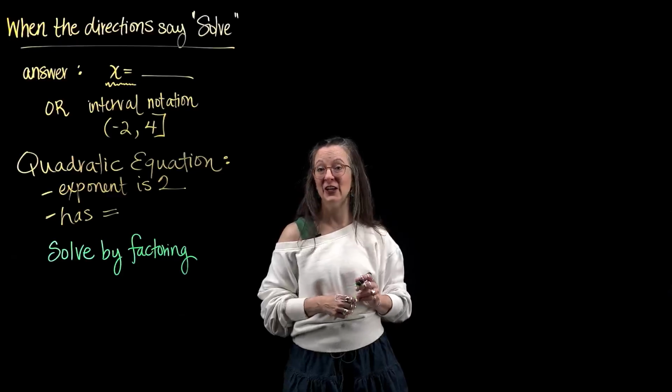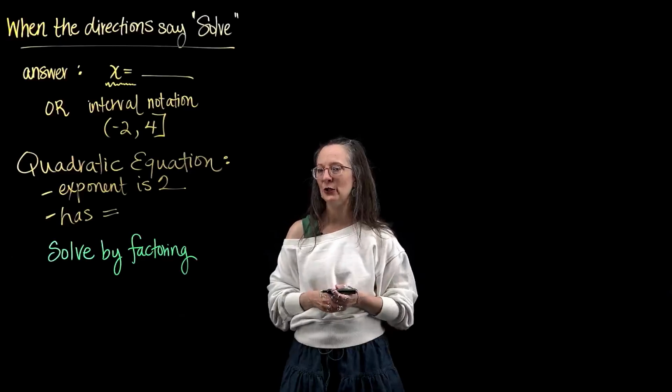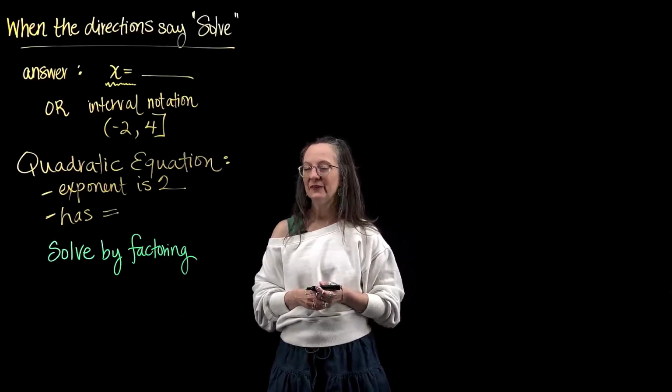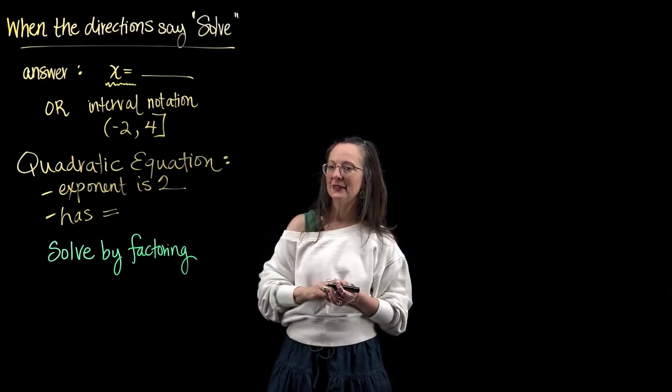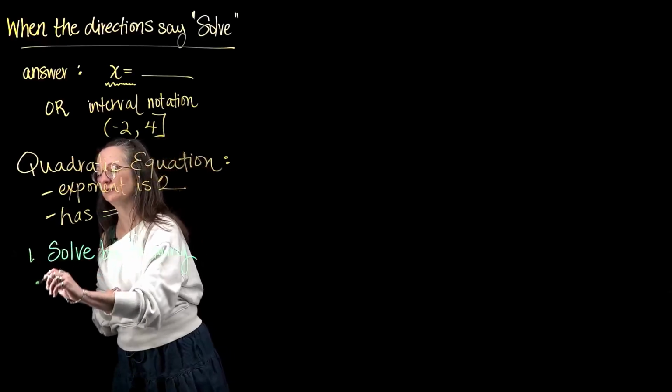I have a whole video on solving by factoring, so I would encourage you to make sure you watch that one. Even if you don't like factoring, this is generally the easiest way to solve it if it can be factored.